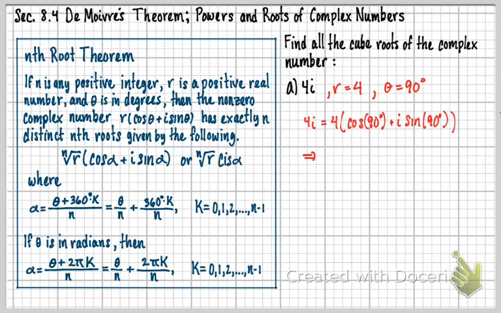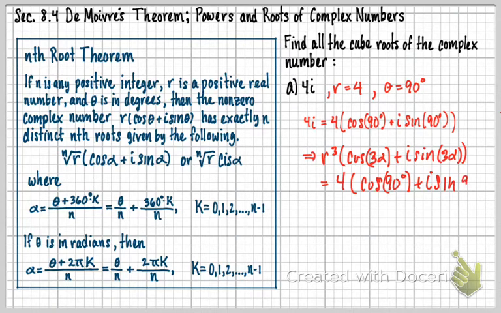So this implies r cubed cosine 3 alpha plus i sine 3 alpha actually equals 4 cosine 90 degrees plus i sine 90 degrees.